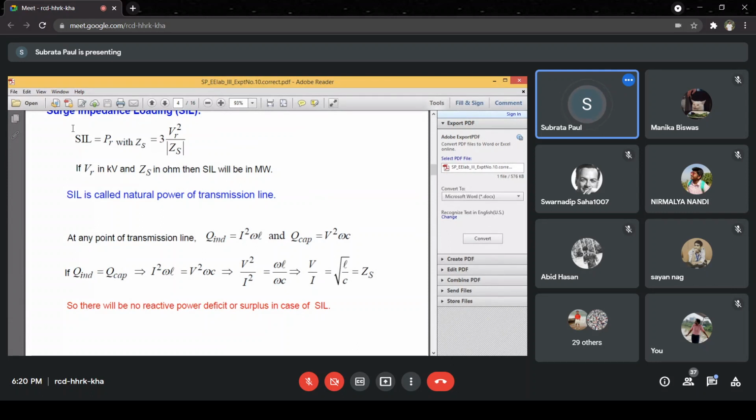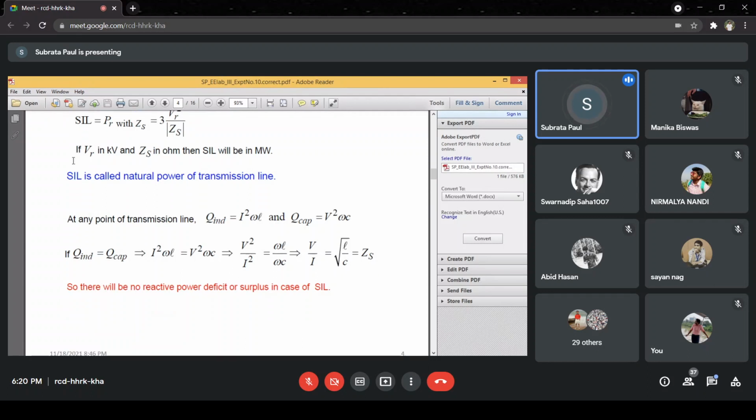This is called surge impedance loading. Now, if VR is in kV and ZS is in ohm, then SIL will be in megawatt, because here we have VR square. The SIL is also called natural power.